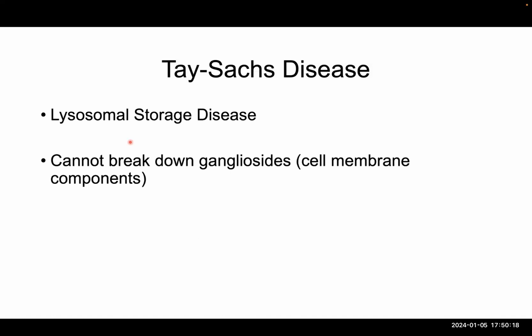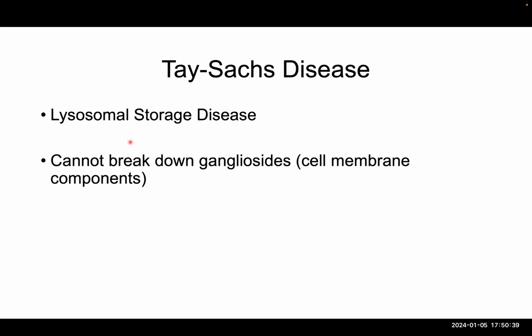You might be thinking, why do we need to break down plasma membrane? That's just because it gets old and needs to be recycled. That's the job of the lysosomes. As it's trying to break these things down, it will build up. That's why Tay-Sachs disease doesn't manifest immediately.